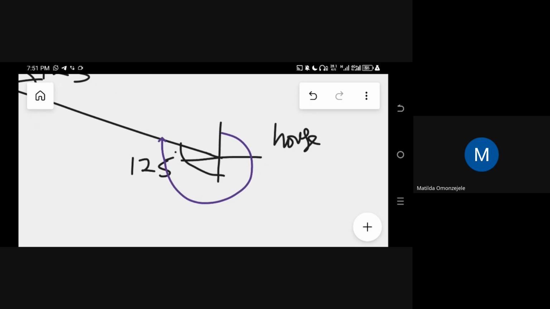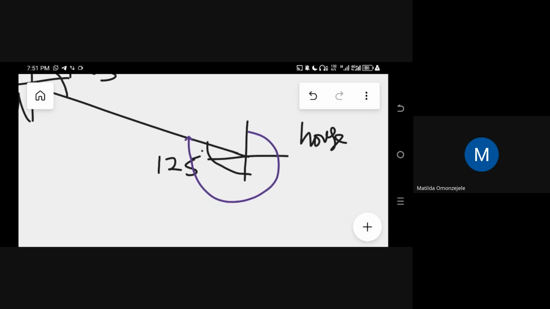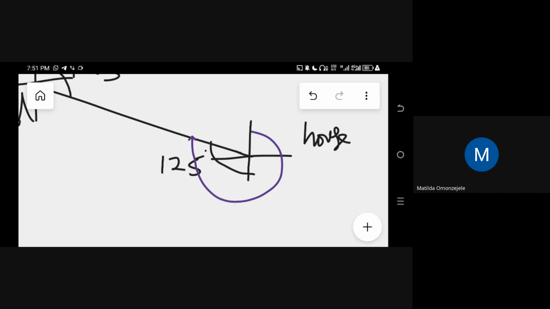So firstly, from your north to your south is 180 degrees. Then you now have an extra 125 degrees, which you can see there.